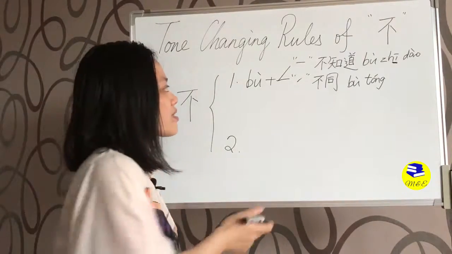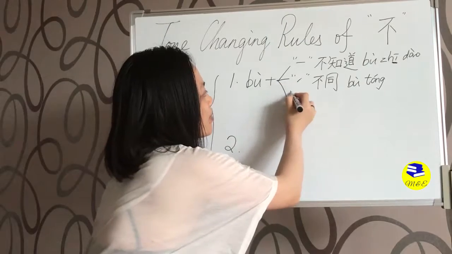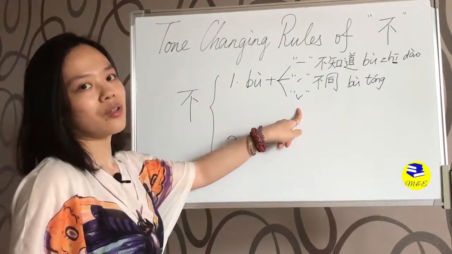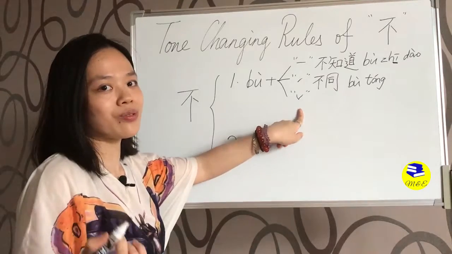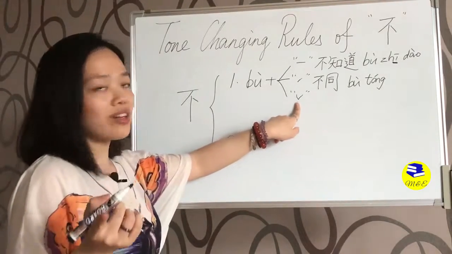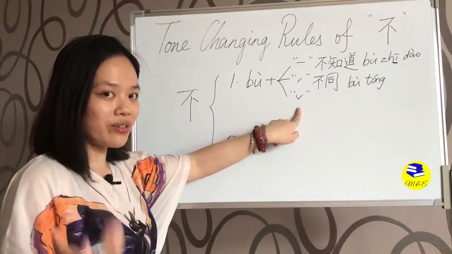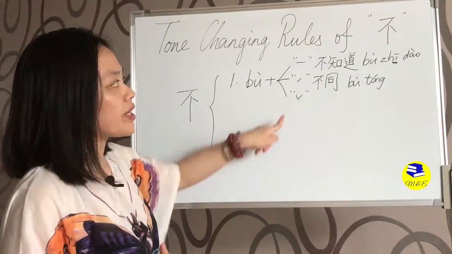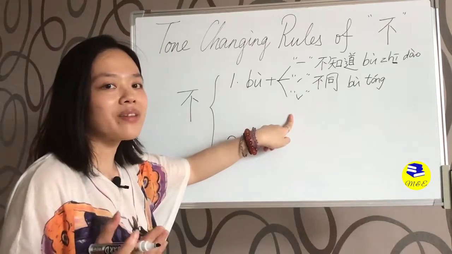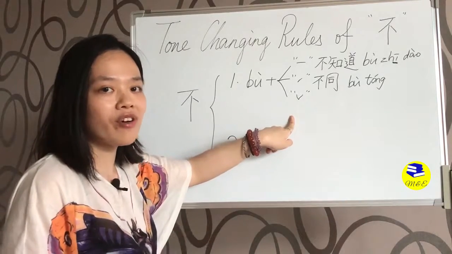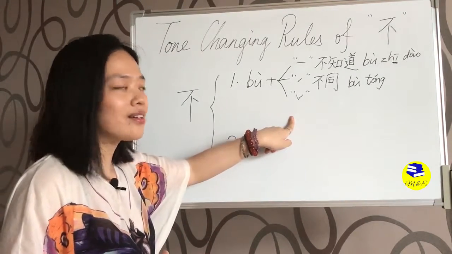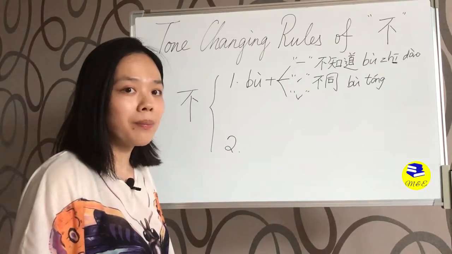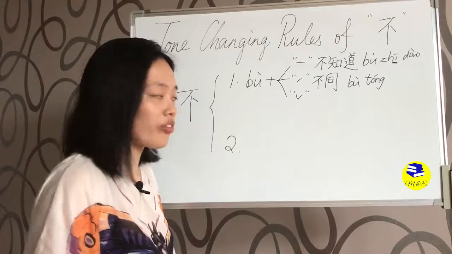The last situation is what? The last situation is when it follows with the character whose tone is, what's this? Third tone's tone mark, right? Third tone. Whose tone is third tone. So, it should keep its original tone as fourth tone. 不. For example, not want. 不想, not want. 不想.